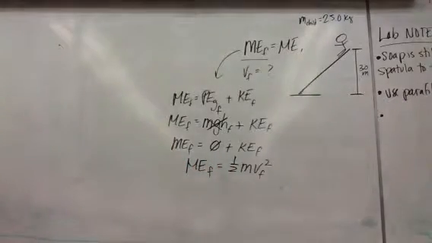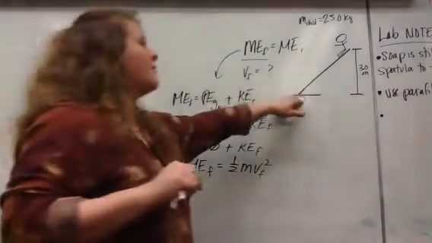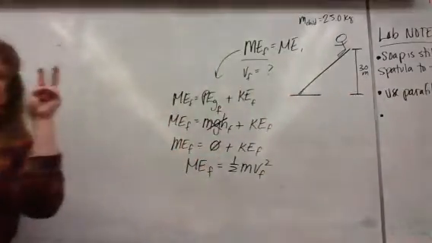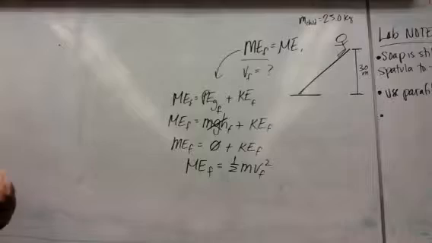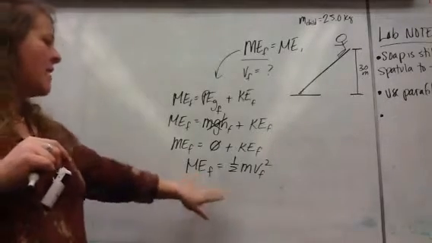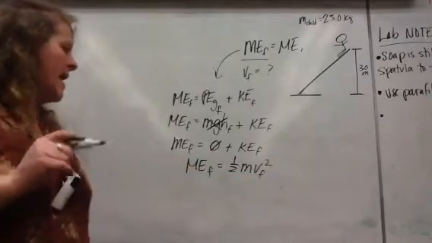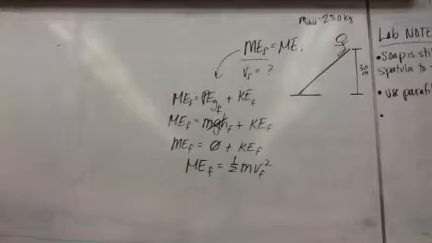Pardon? Is her final velocity 0? That's the moment she stops. Remember, that's an artificial 0. Why did MG turn to 0? Because at this point she's at our arbitrary 0. Yeah, final gravitational. Okay, so our final mechanical energy is equal to 1/2 mass final velocity squared.